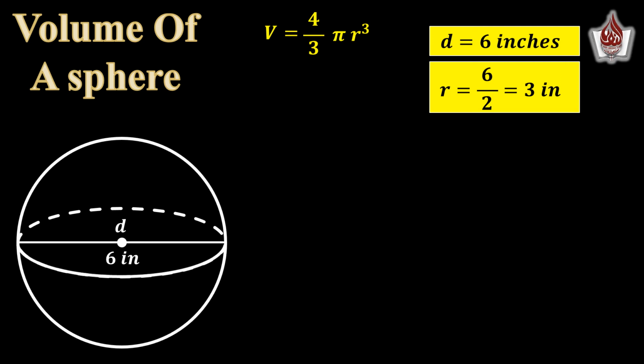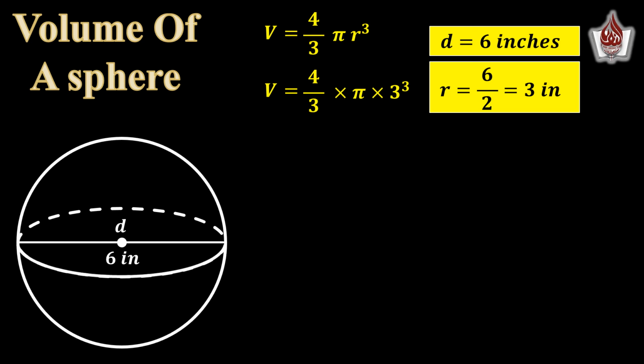Now in the simplest form, volume equals 4/3 pi times 3 cubed. And remember that 3 cubed means 3 times 3 times 3, which equals 27 inches cubed.